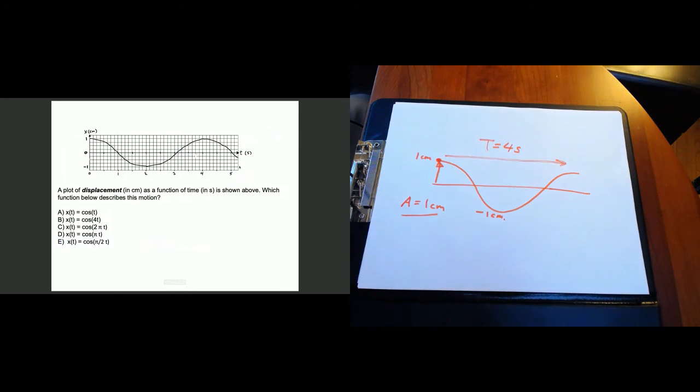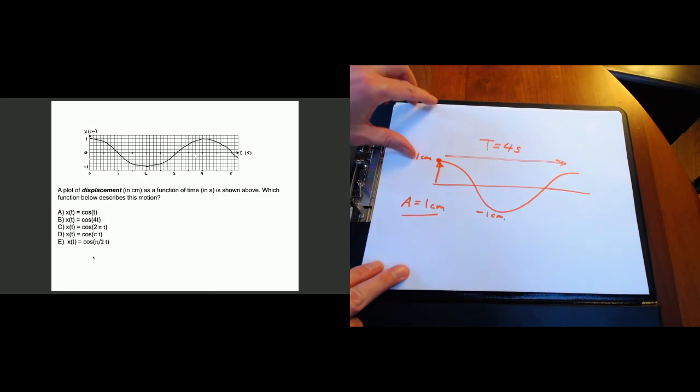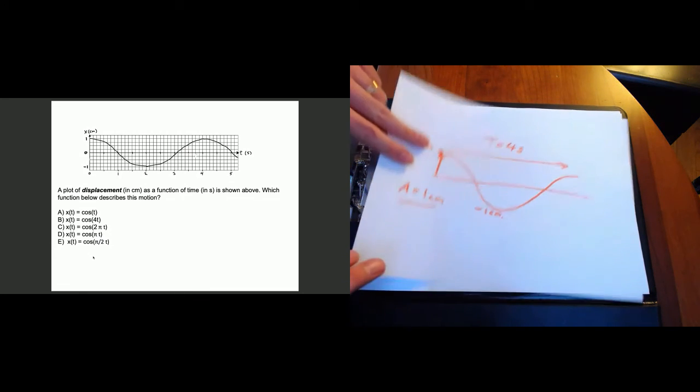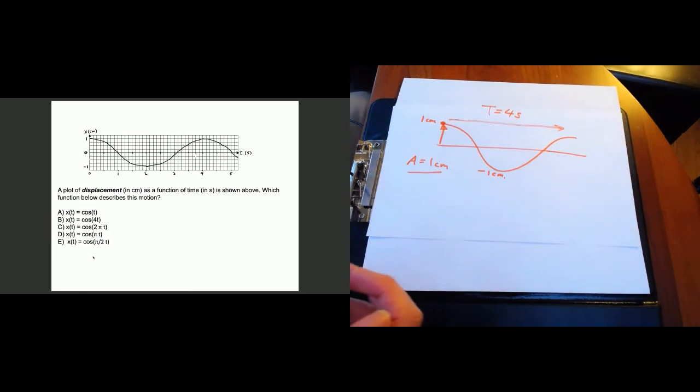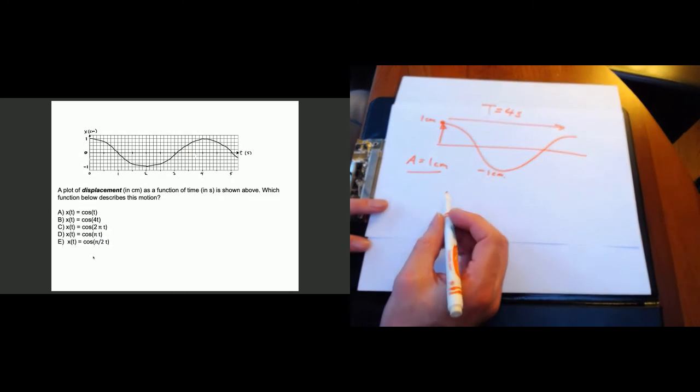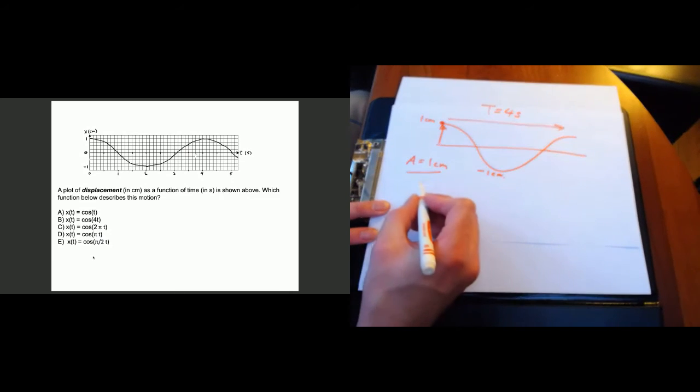Okay, so here we see that the phase is set to 0, and we have the amplitude set to 1, and we have various choices for the parameter omega in the oscillation. Okay, so let's try to understand which one of these is the right answer. We know that the period is 4 seconds.